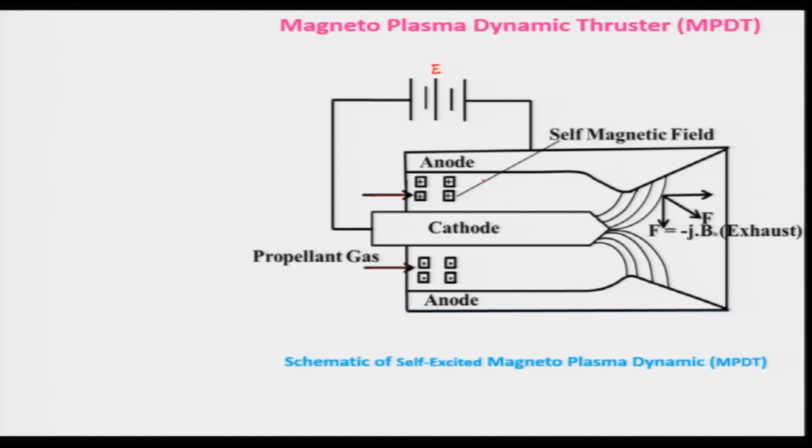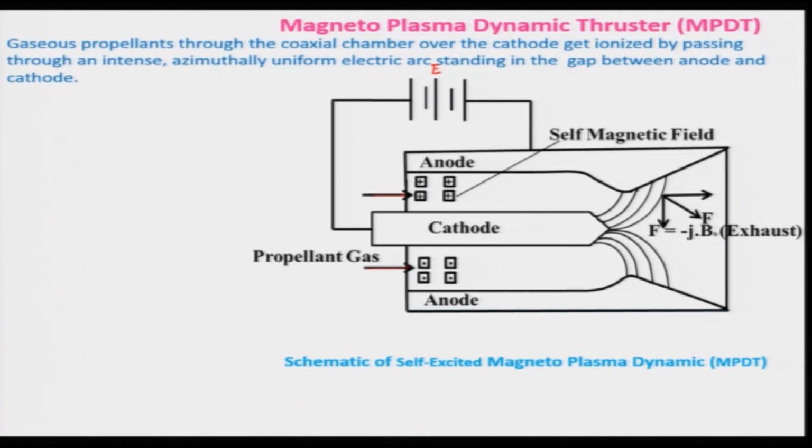Here the magnetic field is generated due to this electric field, and that will be utilized to accelerate the plasma. Generally the gaseous propellant passes through this coaxial chamber over the cathode and gets ionized by passing through an intense azimuthally uniform electric arc field.